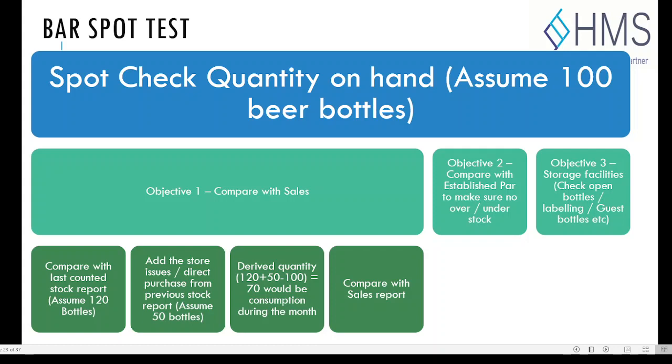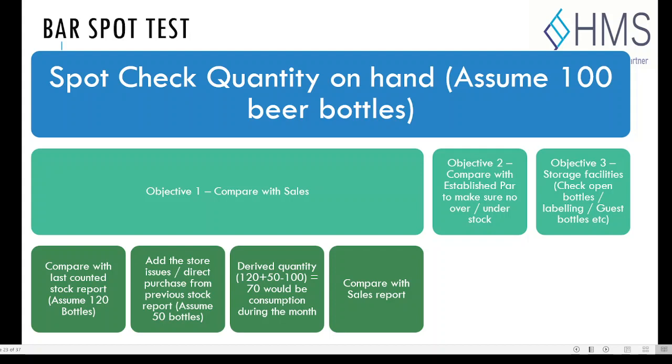Another test you usually have to do is the bar spot test. For beverage items, you also have to do a stock check, a spot check. Let's say you have on hand 100 beer bottles. The first thing we want to do is compare with the sales.